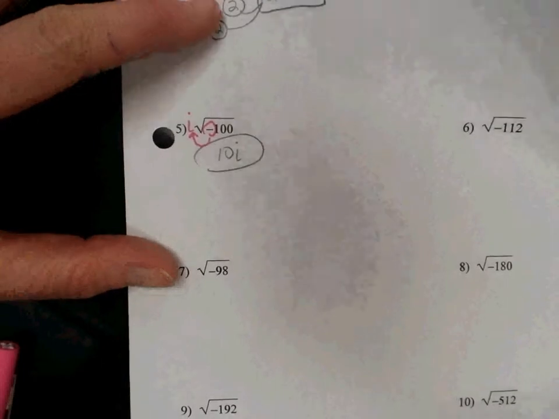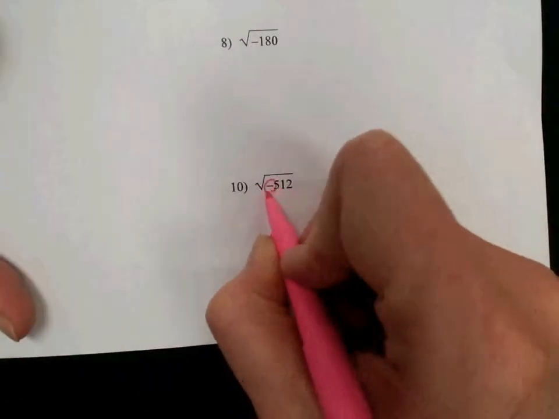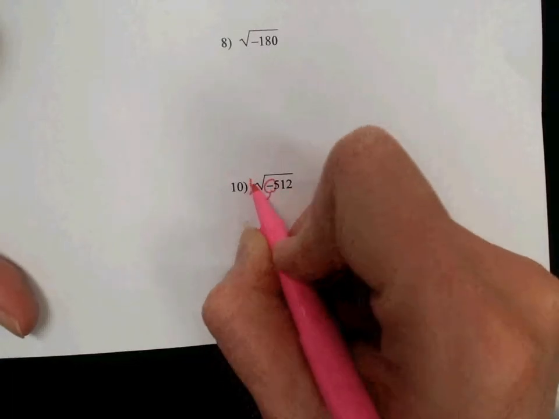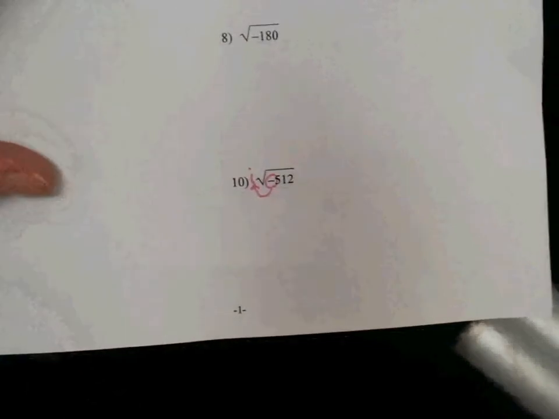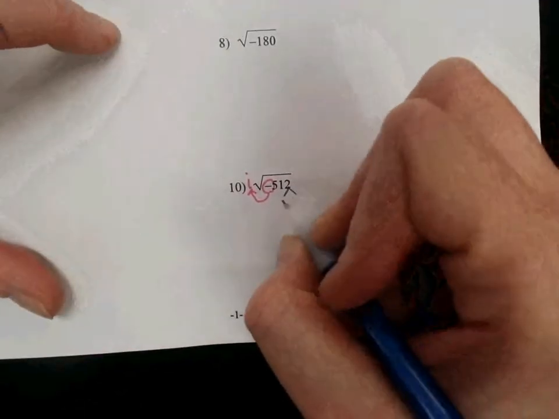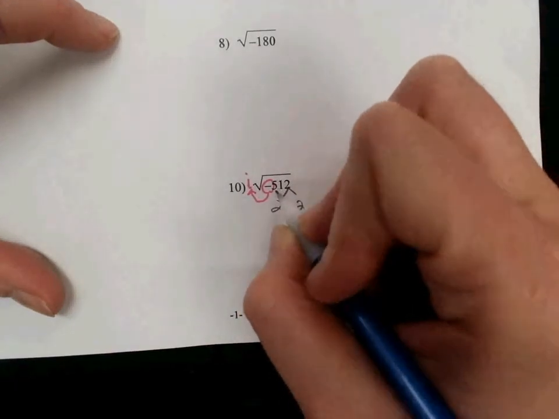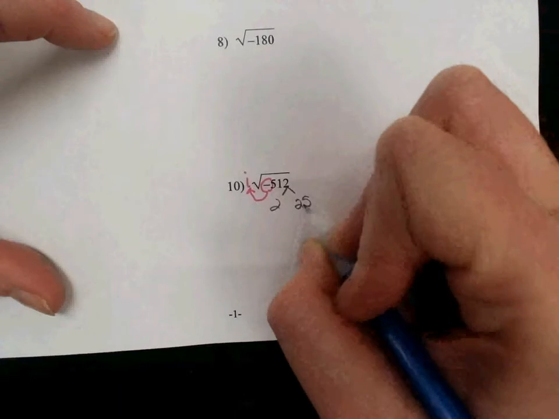I'll do one more. Any number on the page. You pick. 10. Yeah, 10. Okay, 10 wins. So the negative comes out as an i. 512. Let's see. 512 we could divide by 2, and then it'll go in 2 times. 256.